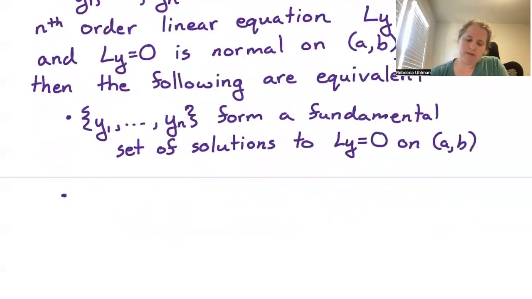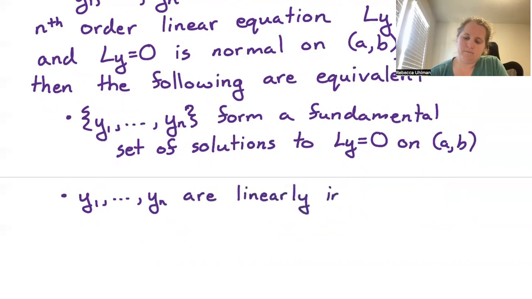Second is that y1 through yn are linearly independent on AB.